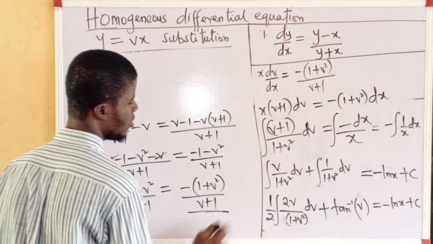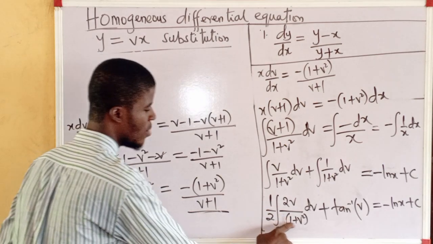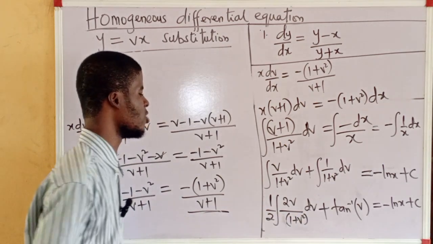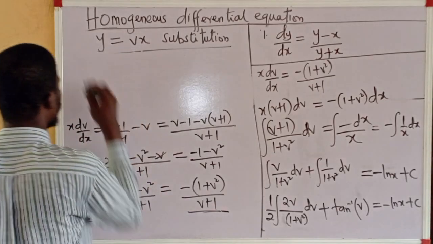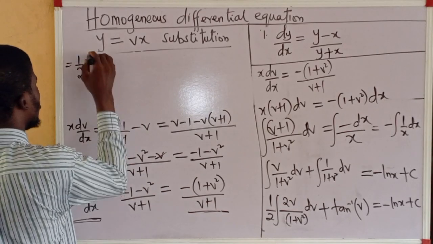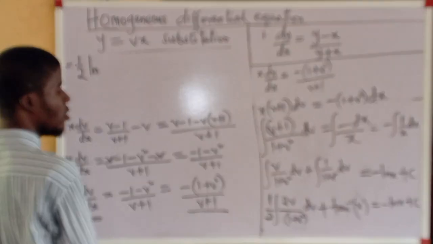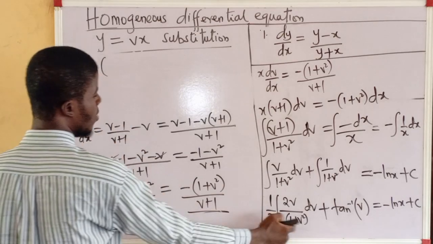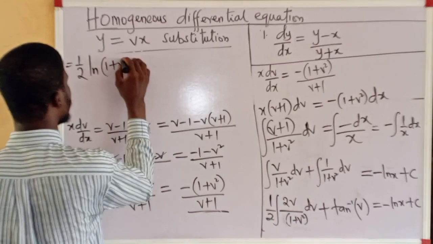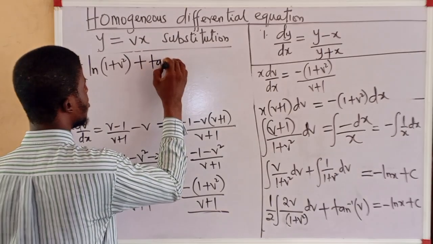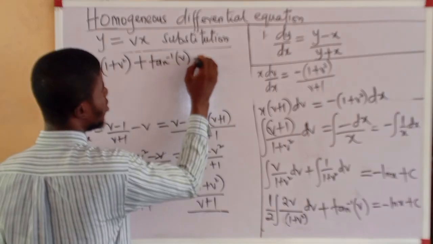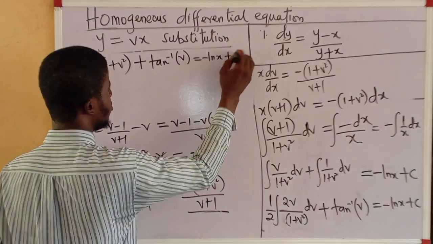So since the derivative of 1 plus v squared is 2v, this integral will now be equal to half into ln, the natural logarithm of 1 plus v squared, plus the tan inverse of v equal to minus ln x plus c.